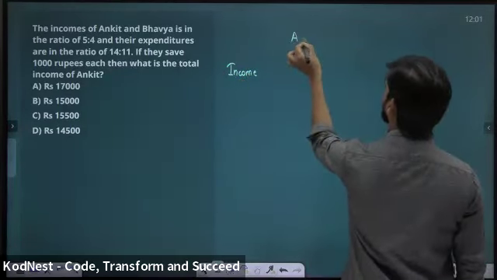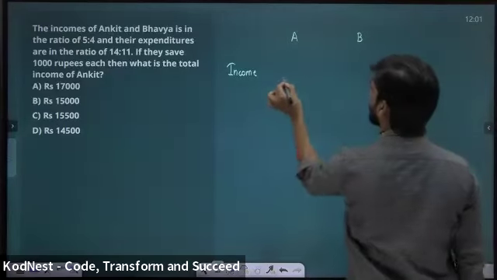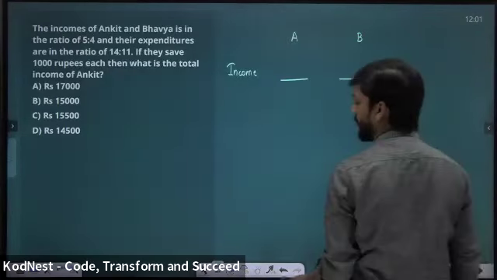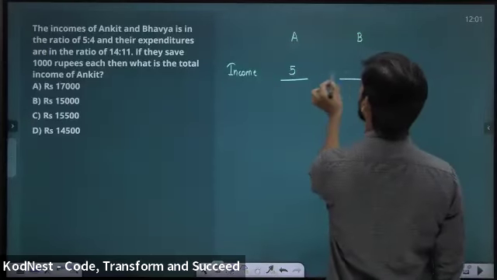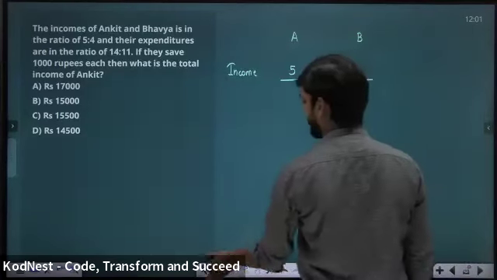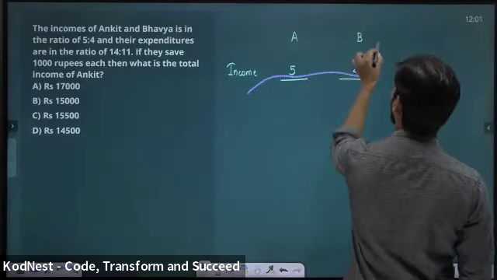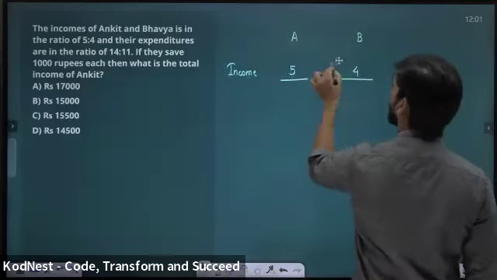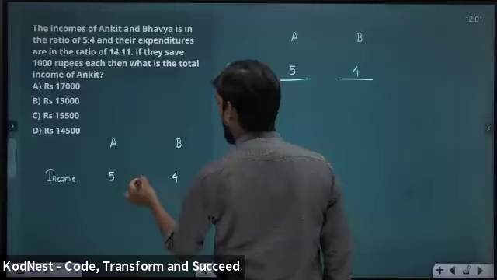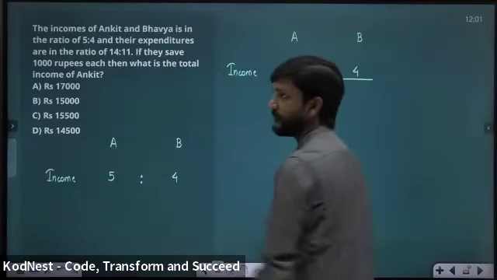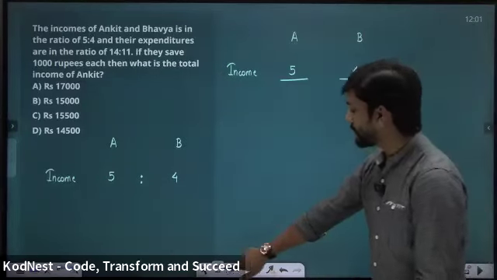Income of Ankit, income of Bhavya. How much? I don't know. What I know is the ratio. The ratio is given as 5:4. Okay, ratio is given. So I have directly taken the values from the ratio. I will check it later.